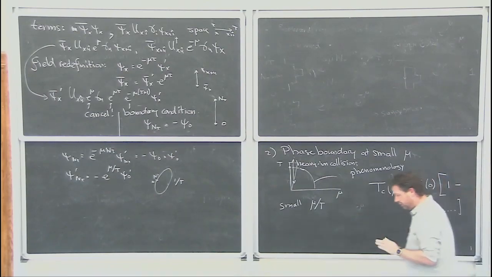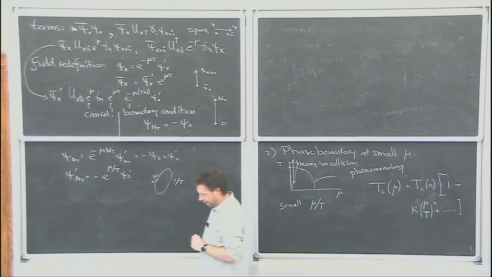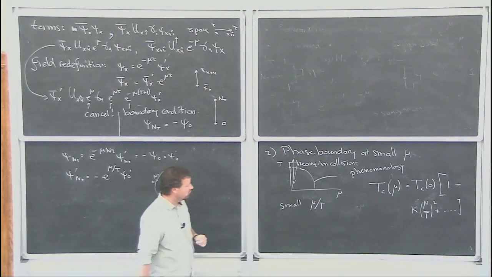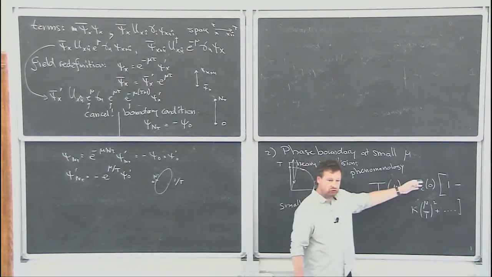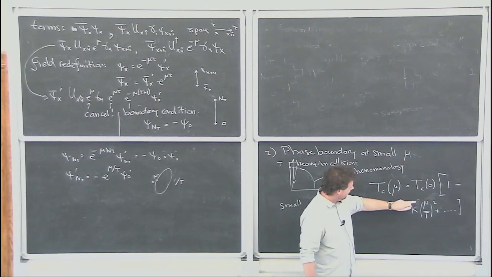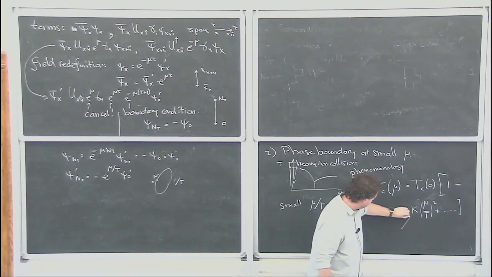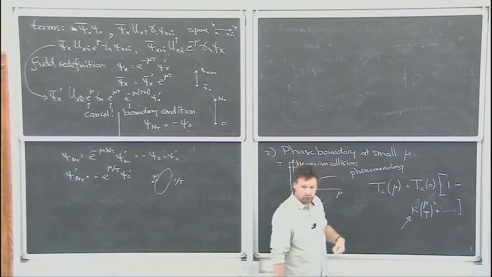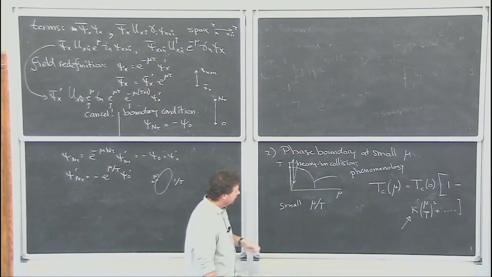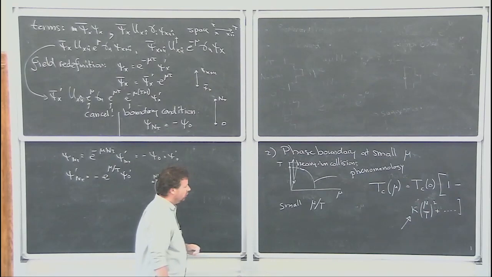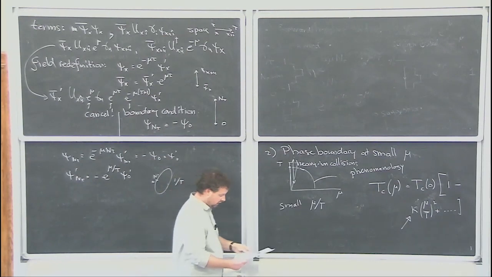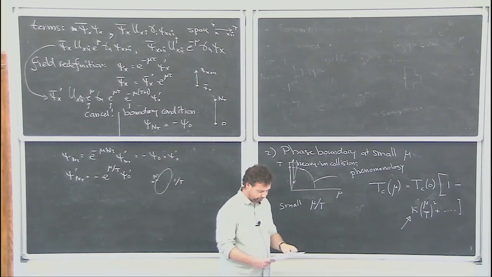So it follows from symmetries of the path integral that it will be an even function of mu, so it will depend on mu squared. And so the thing to compute here is this coefficient of the mu squared term or higher order terms in this expansion. So that's something that is accessible with standard simulations, as I'll explain now.